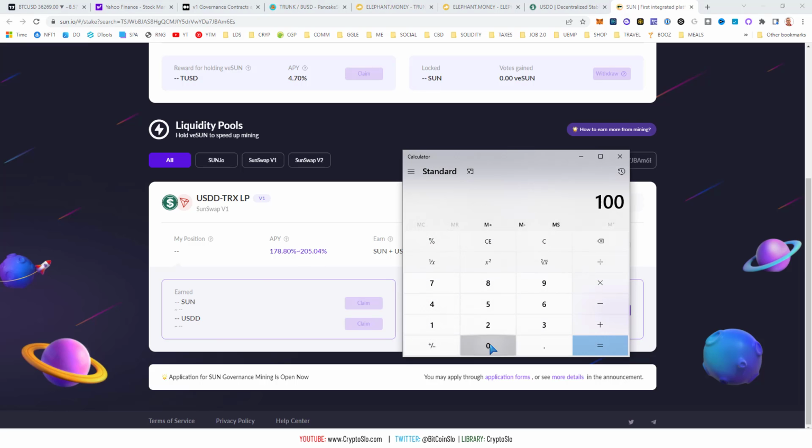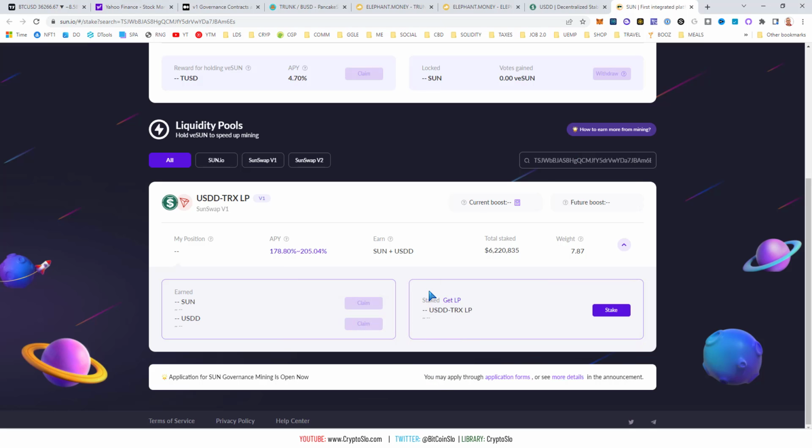So 10 grand times 0.0056. It's about $56 a day. But then that's paid as stablecoin. So that's not too bad. And then you could always hyper compound into that by redepositing and continuing to build LP. So we'll see. But like I said, I think Sun will have a lot of price pressure on it.